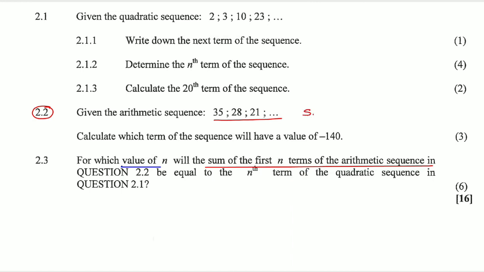So we're looking for sum n of the arithmetic sequence, and this sum must be equal to term n of the quadratic sequence, which we worked out already to be 3n squared minus 8n plus 7. So let's begin.